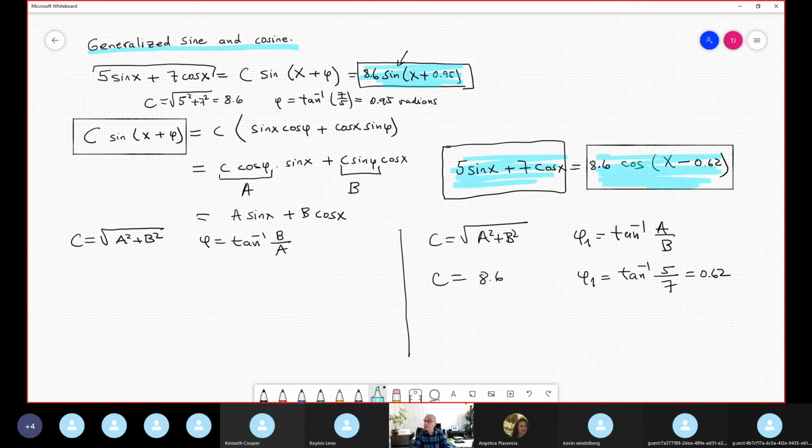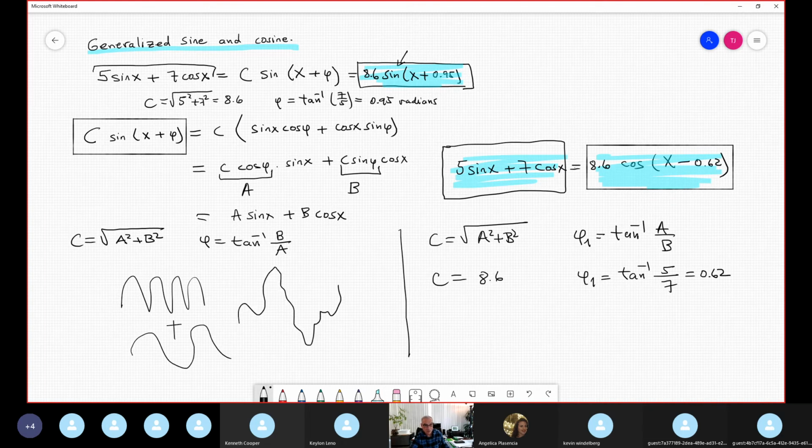The most important thing I want to say to finish is that when you add sine and sine of different frequency, suppose this frequency and this frequency, the sum is non-sinusoidal. Non-sinusoidal means no sine, no cosine. It's weird.